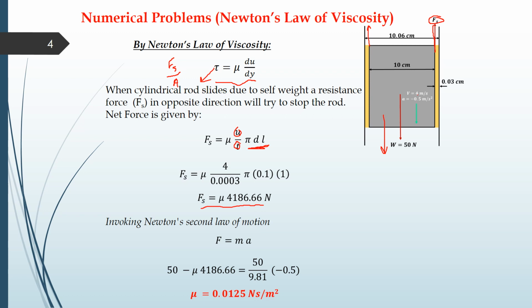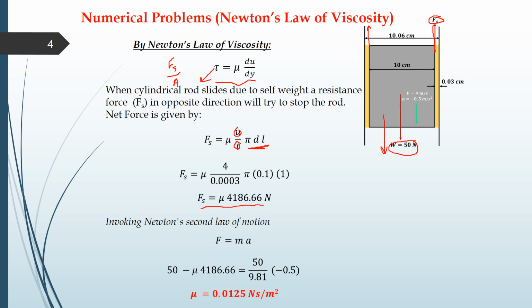The force is basically the weight, because it is also a force, the weight minus the resisting force Fs. So 50 minus Fs will be equal to mass into acceleration. So 50 minus Fs is basically 50 minus mu into 4186.66 is equal to mass into acceleration.